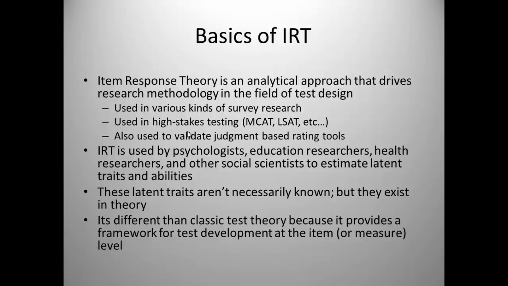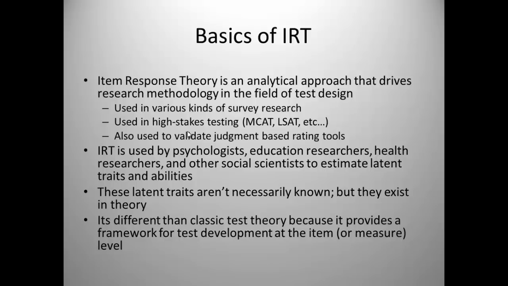It's important to know that these latent traits aren't really known. They're theoretical. They exist in theory. So if you could imagine that things like children's reading scores or abilities to read are really theoretically known, and you need some sort of way to go out and quantify them, that's an example of how we might think of IRT estimating a latent trait or a latent construct.